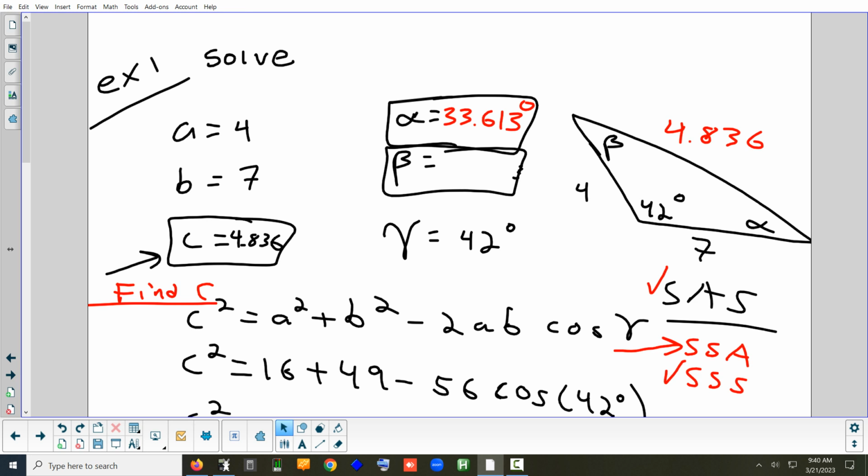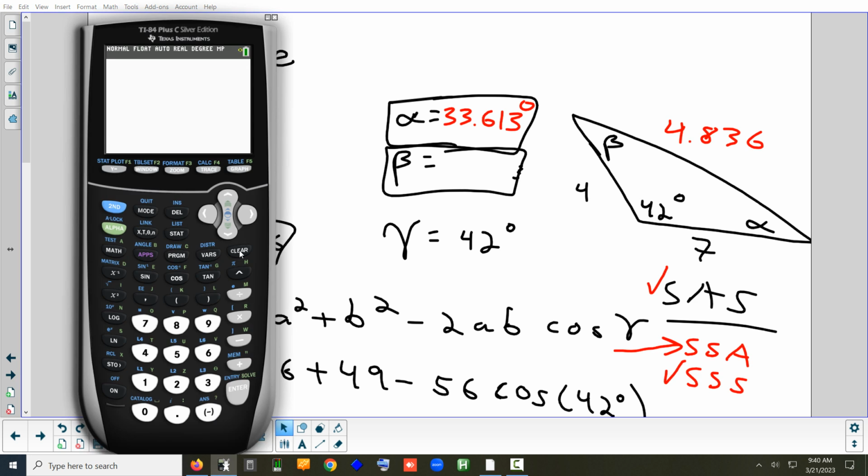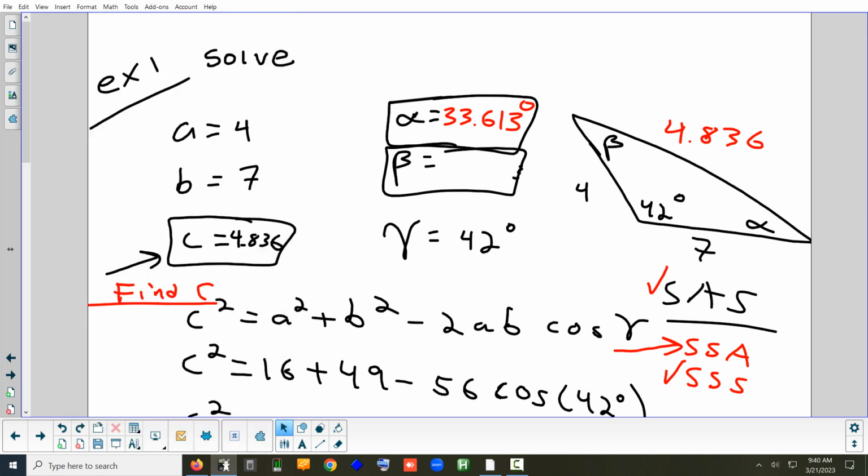So how can we get the last angle? Pretty simple, isn't it? Now just add the 2 that we have and subtract from 180. Yes, I'm having a rough day. So 180 minus 33.613 plus 42. Okay, so that makes the third angle 104.387.